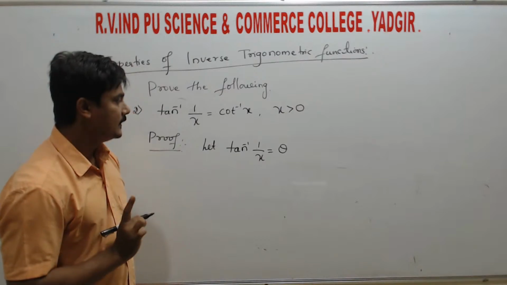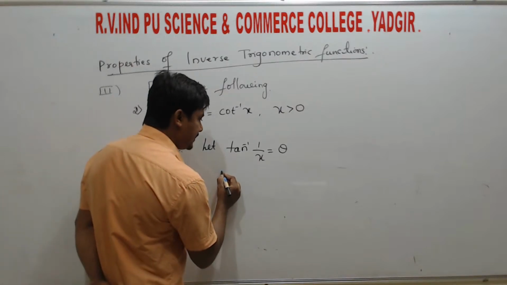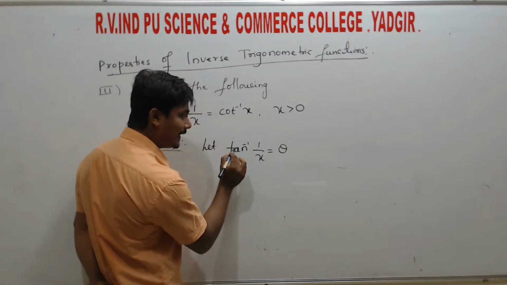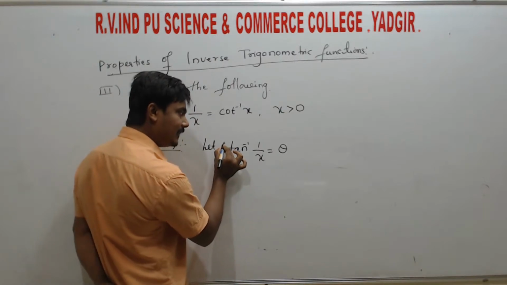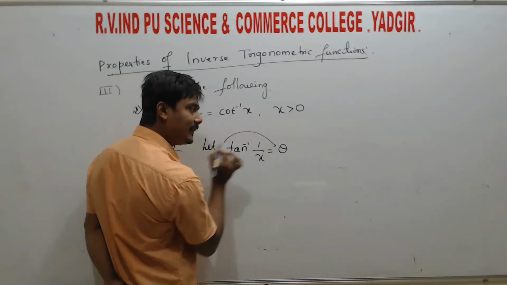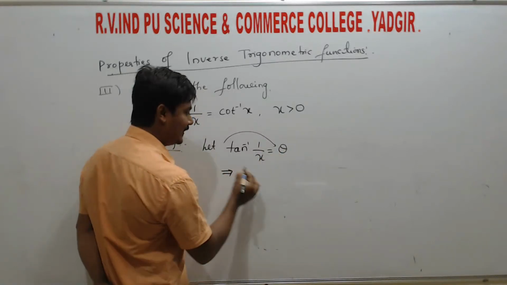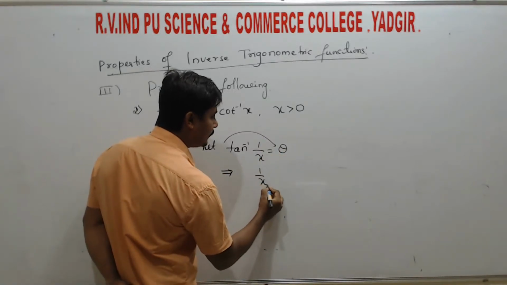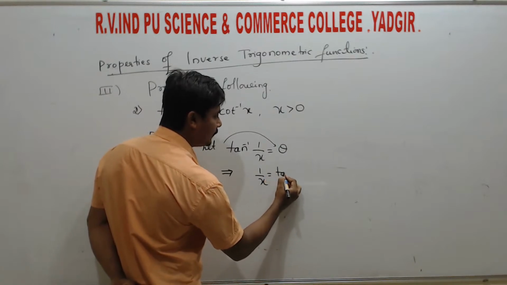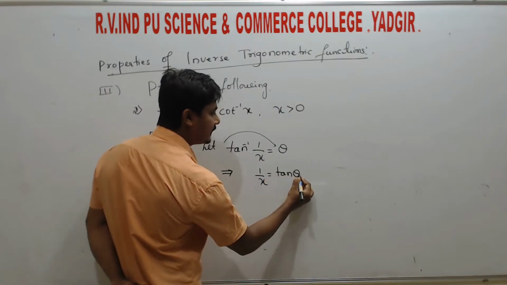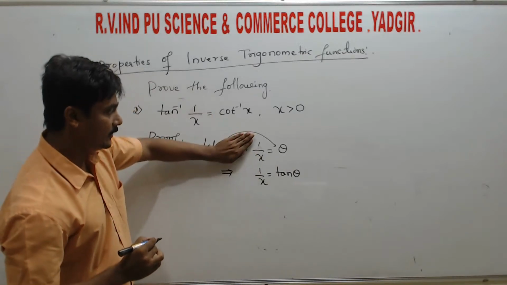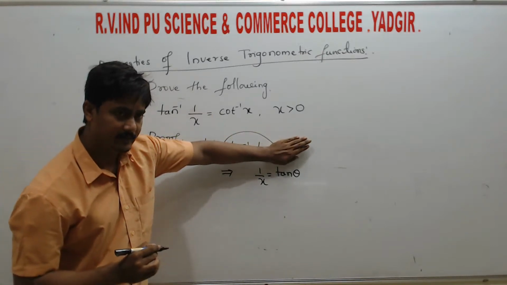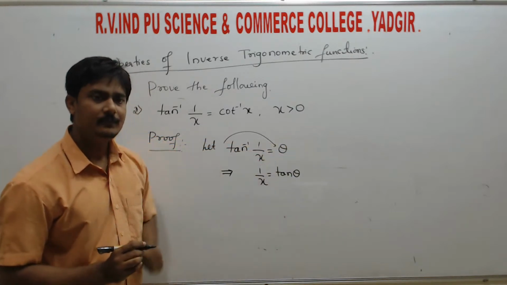So according to the definition, how can you write this? Already I have told you the way to remember: tan inverse, if I move to the right side, then what is 1 by x equal to? 1 by x equal to tan theta. 1 by x is equal to tan inverse, if you move to the right side, it will become tan theta.